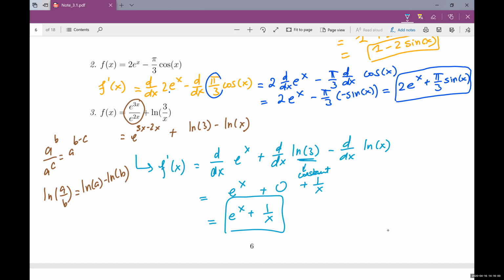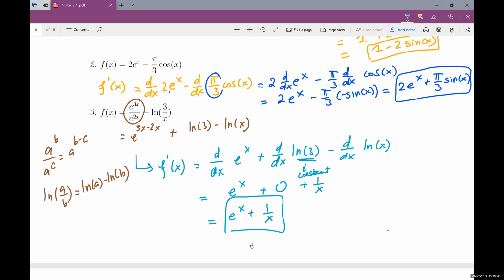So this is section 3.2 in your textbook. It shows some basic rules of differentiation, rules that you can use to find the derivative of functions.